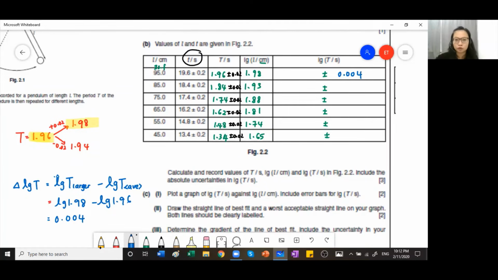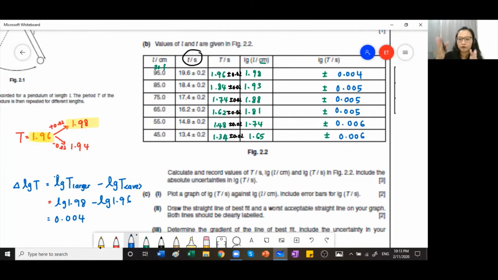The same goes for the second value of t, which is 1.84. You just take log 1.86 minus log 1.84, and it will give you 0.005. The third one will give you 0.005 as well, and the fourth will give you 0.005, 0.006, and 0.006.